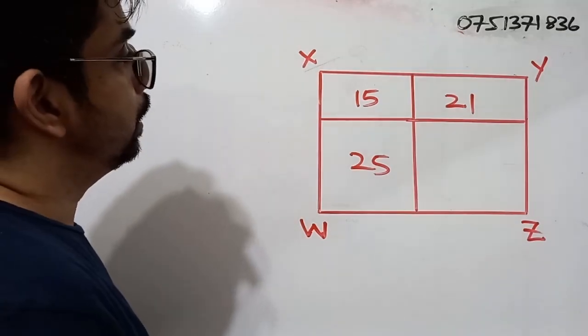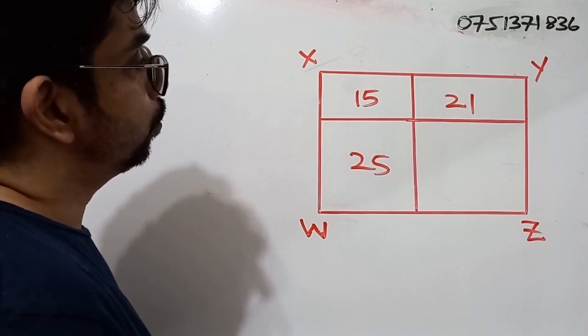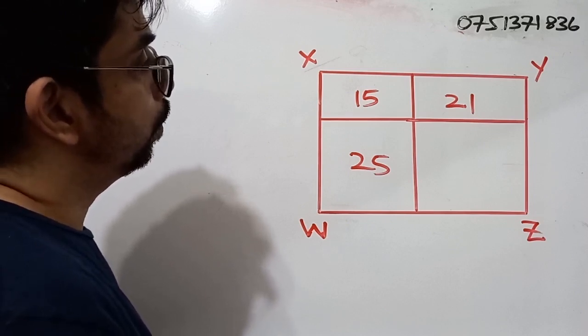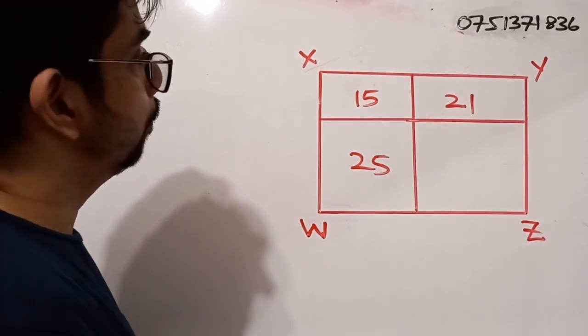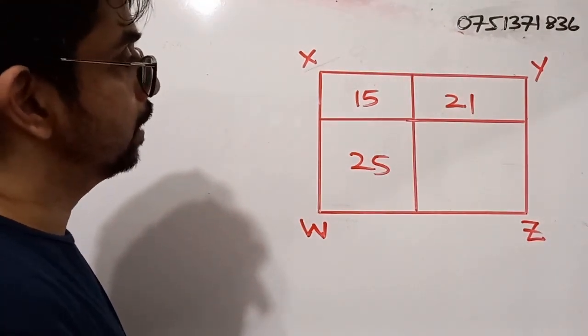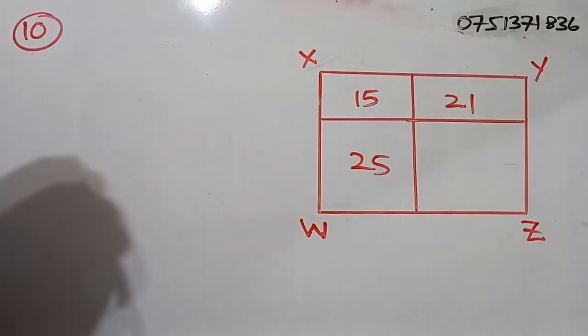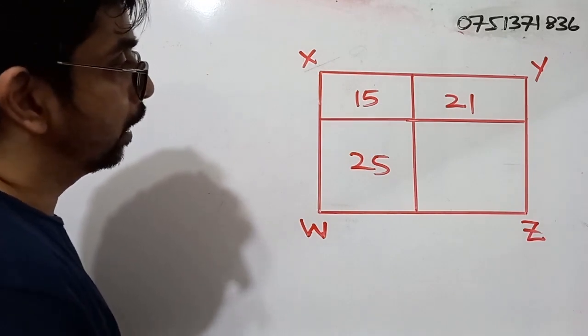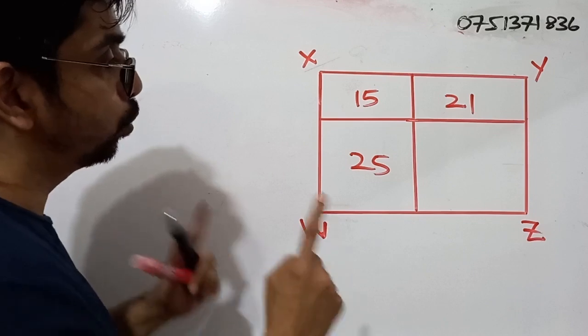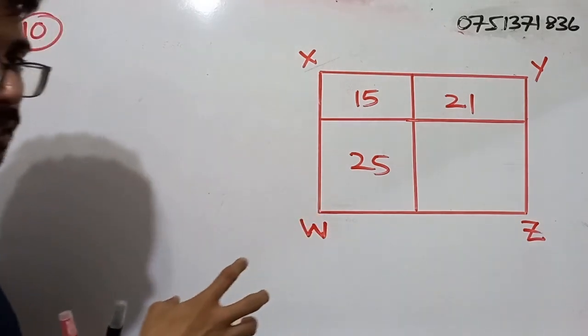Right. So in this figure, we have to come up with the value for the entire area of this rectangle WXYZ. Okay. So in the question, it is mentioned that we have been given the values for the area for two rectangles and one square.